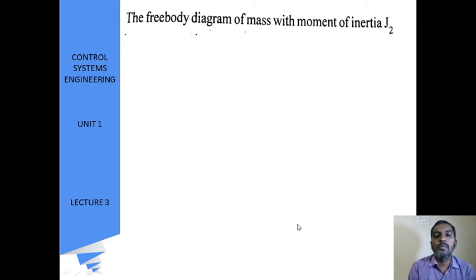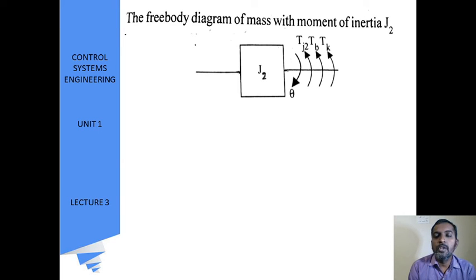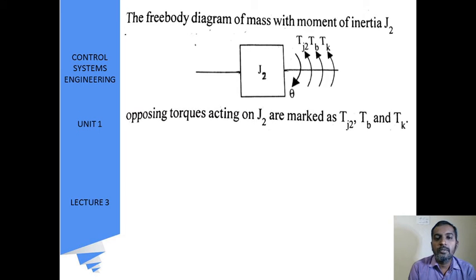Coming to the next one, the free body diagram for M2 can be written with J2 and its angular displacement theta, and the opposing torques acting on J2 are Tj2, Tb and Tk.